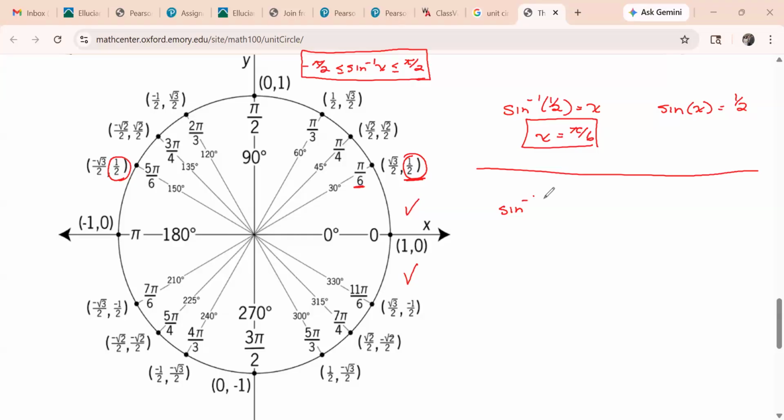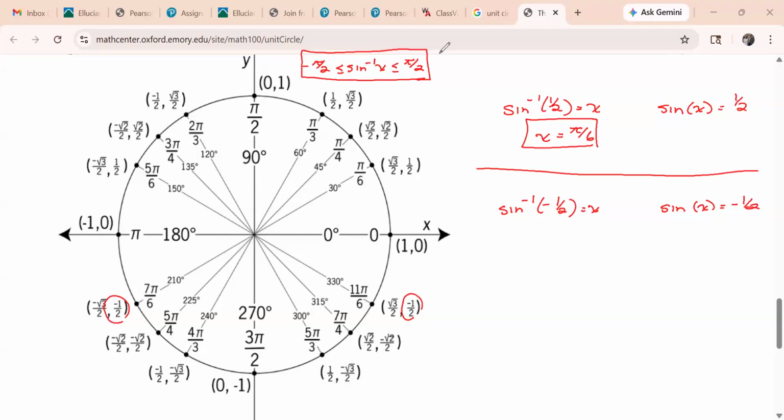Now, if I had inverse sine of negative 1/2, I said that's going to be my x, sine x equals negative 1/2. So my negative 1/2 is going to be here, and it's going to be here.